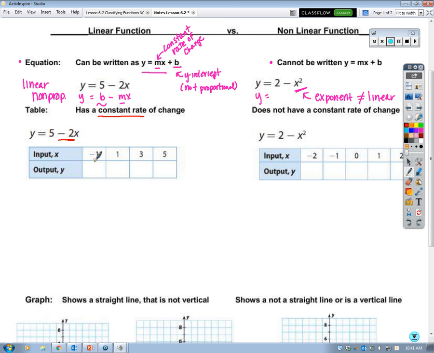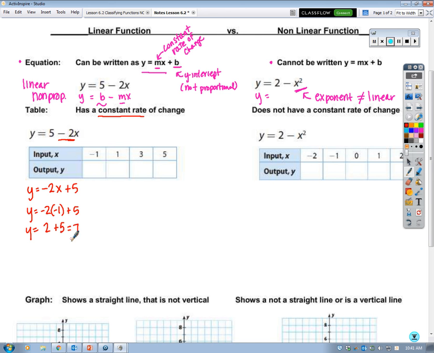My first one here is -1, so I have y equals, and I'm going to put this into mx plus b order, so I'm going to go -2x, because I'm taking that negative sign, plus 5. I'm going to put my x value in, so I have y equals -2 times -1 plus 5. Y equals 2, because a negative times a negative is a positive, plus 5 equals 7.